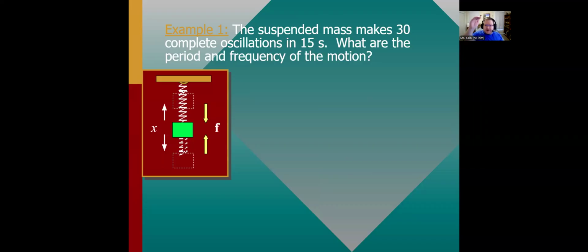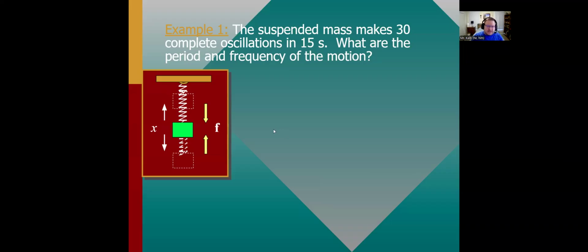Down and back up, that's another. Or in a pendulum, swinging from one side to the other is not an oscillation. It has to swing back to where it started. So if we count the oscillations, there would be 1, 2, 3, 4, and so on.